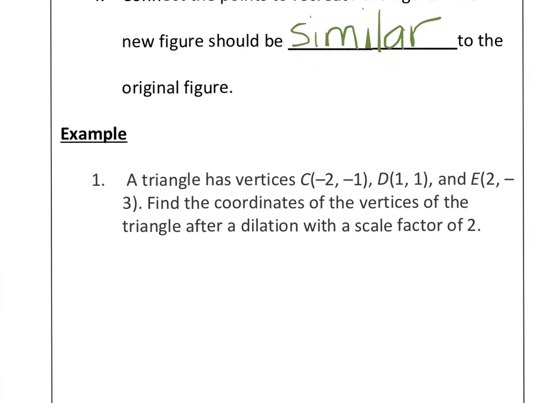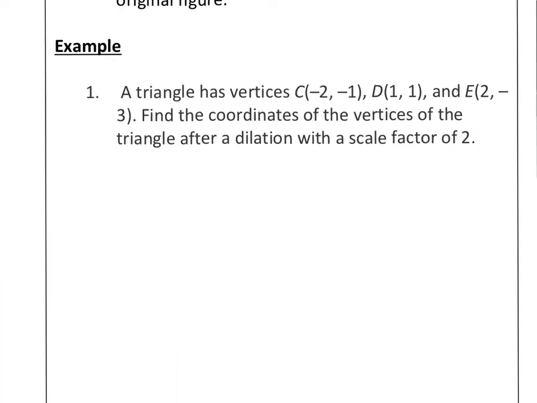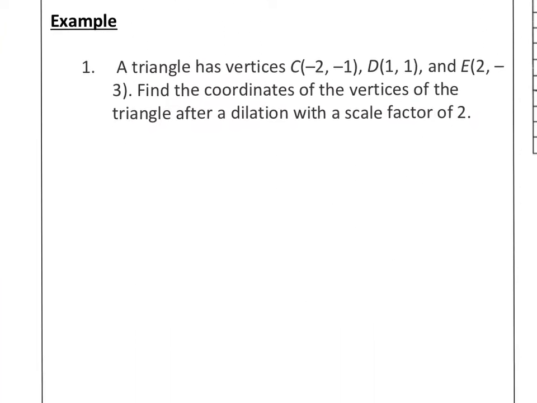So let's look at the first example here. We've got a triangle that has vertices of -2, -1, 1, 1, and 2, -3. It says find the coordinates of the vertices of the triangle after a dilation with a scale factor of 2. So all we need to do here is take each of our original coordinates and multiply it by the scale factor.